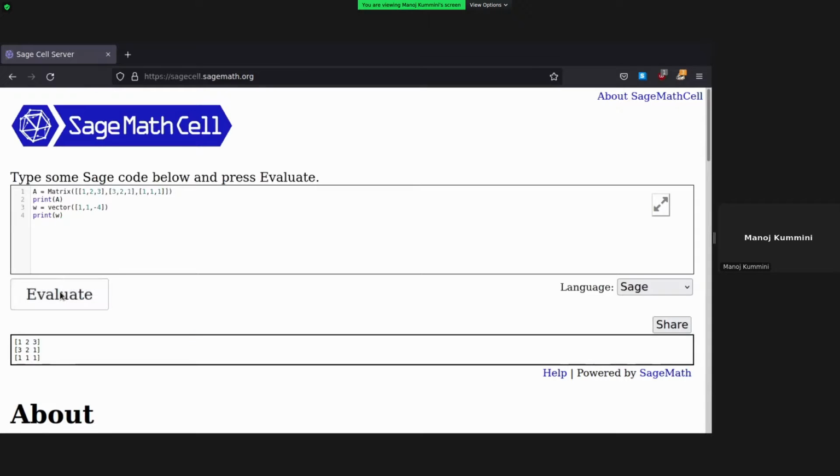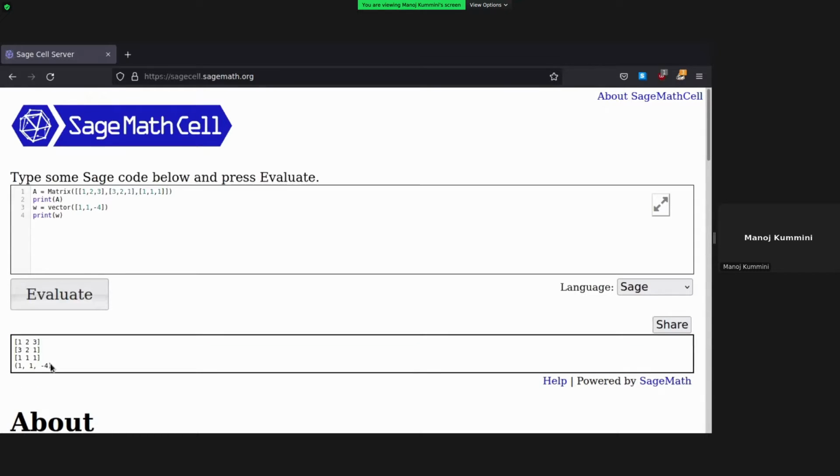Press evaluate again, and this prints the vector. Now, let's try getting the first row vector of that matrix. Print A0.